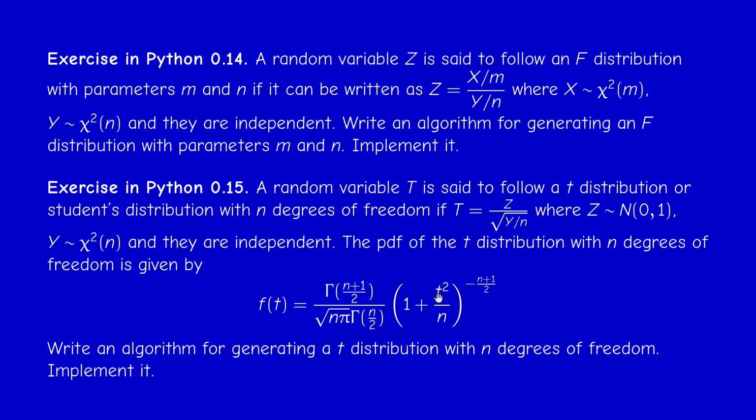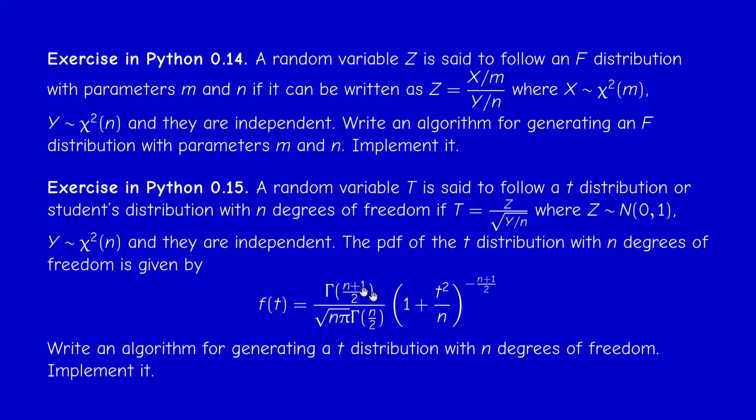Because we have a polynomial decay to 0, whereas in the normal you have an exponential decay, and the exponential always wins the race. But when n is big, the two distributions are very close together. So once again, this is just a constant to ensure that the integral is 1.